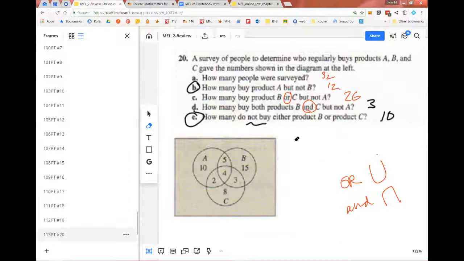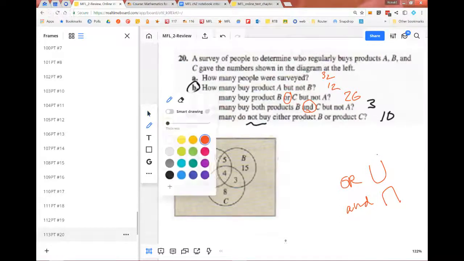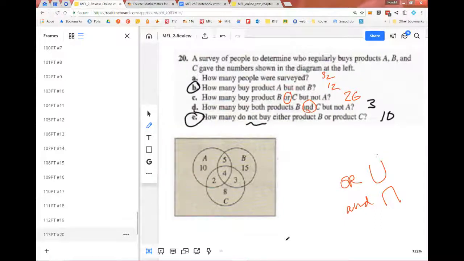How many do not buy either B or C? 10? Yeah, that's good. Okay, so even though it's hidden, there's an application of how important this thing is down here.